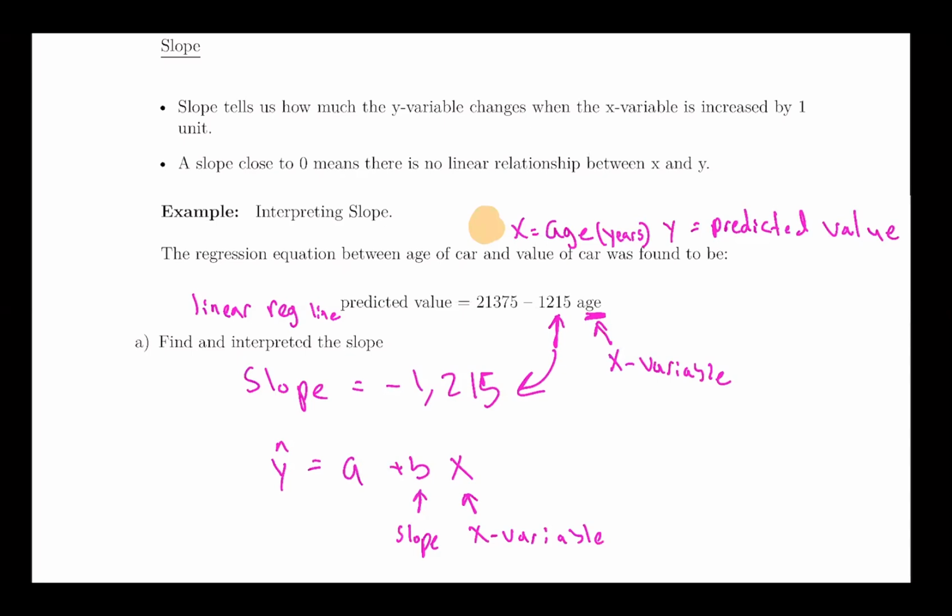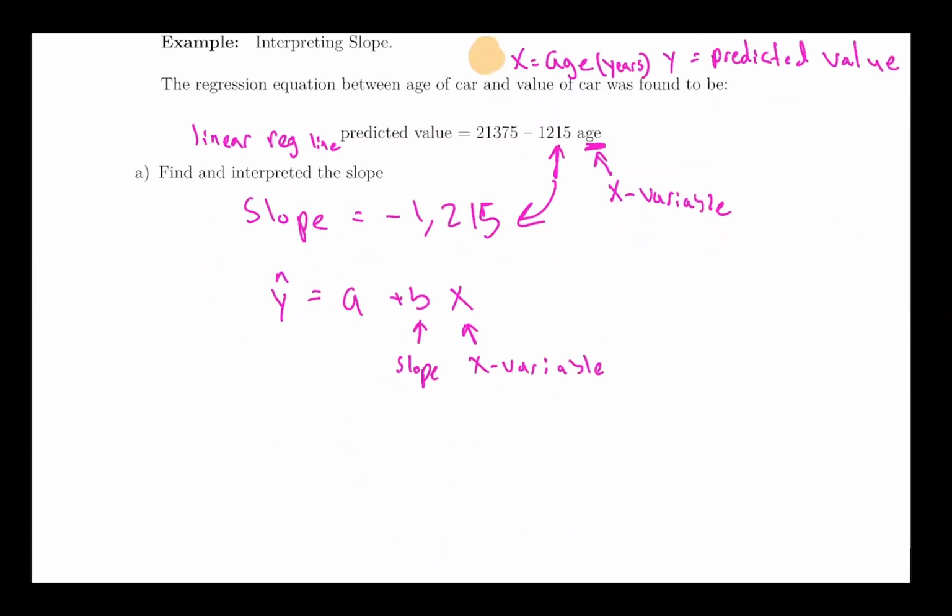All right, so now we're going to do the interpretation of this slope. We have two variables: the predicted value of the car and the age. If you remember, the definition of the slope is the change of y as we increase x by 1. So what is the change of y? The change of y is the change of the value of the car.